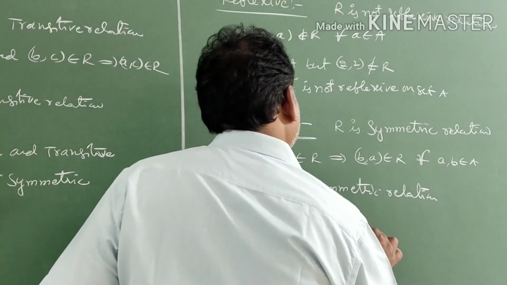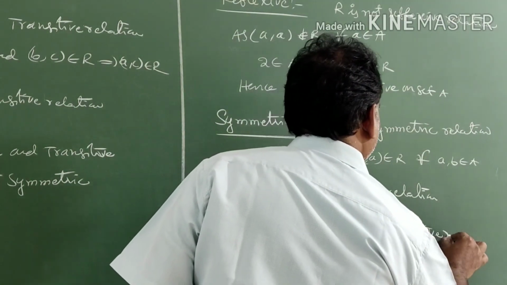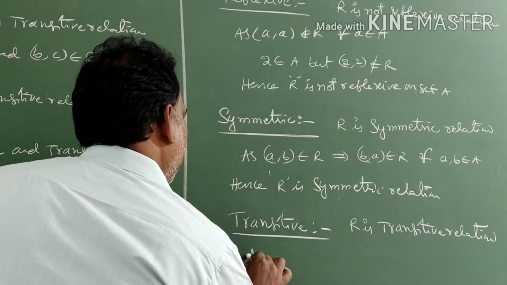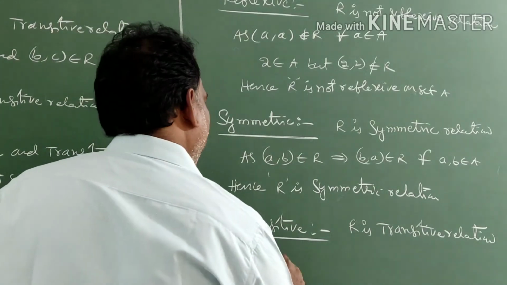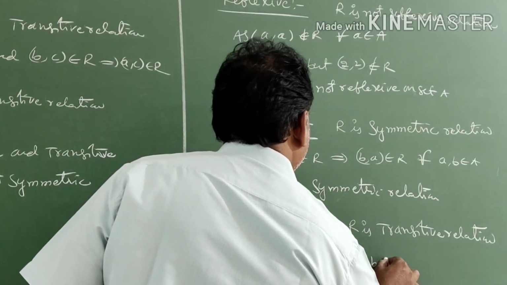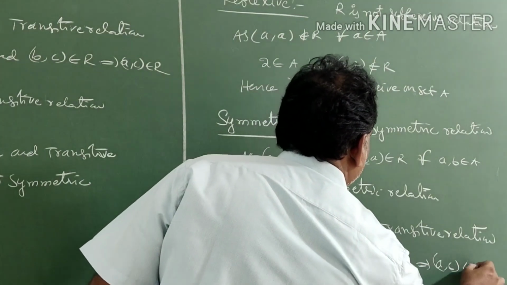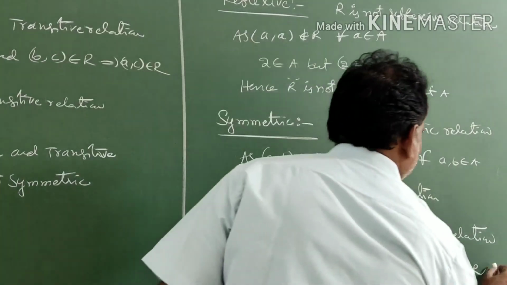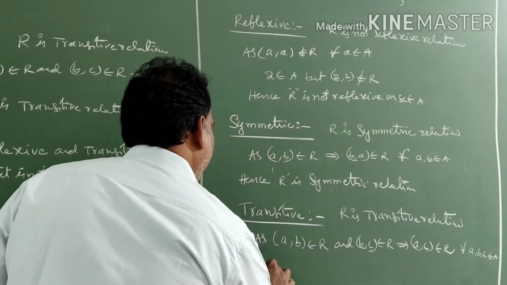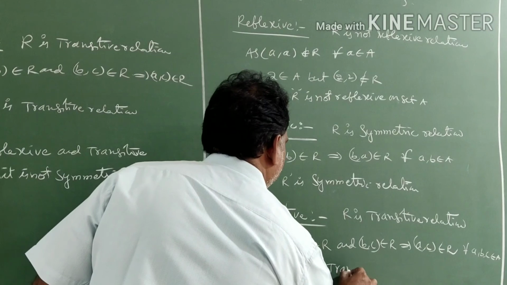Right, R is transitive. To show transitive is satisfied, give the definition: as AB belongs to R and BC belongs to R, that implies AC belongs to R for all a, b, c belonging to set A. Hence, R is a transitive relation.